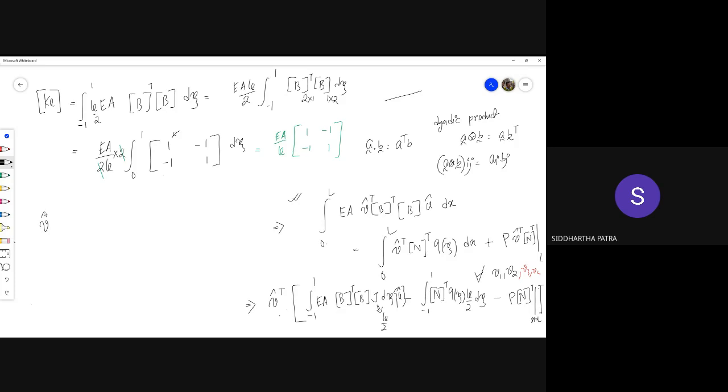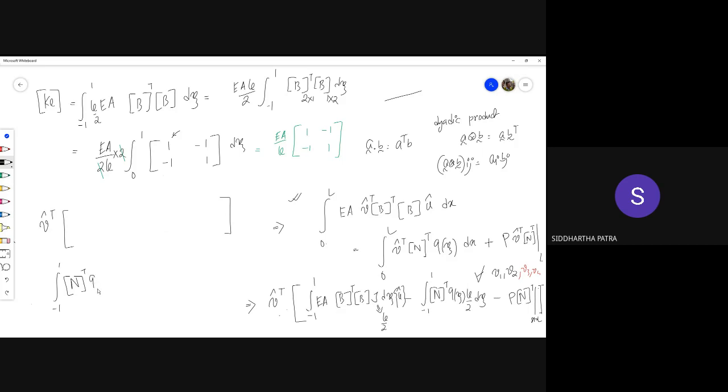and then we have this V hat transpose, an arbitrary V hat transpose. Now, can you perform this integration from -1 to 1 of N transpose, times LE by 2 dxi?